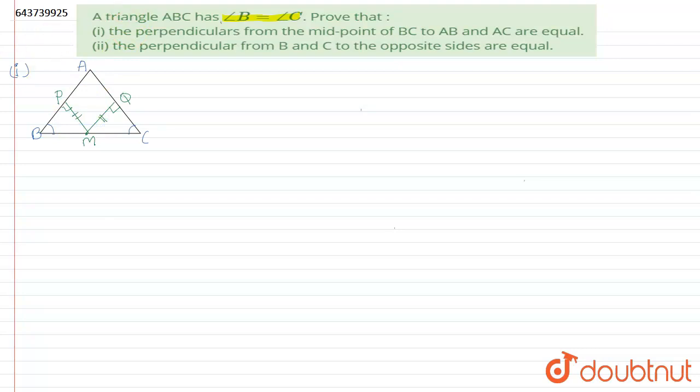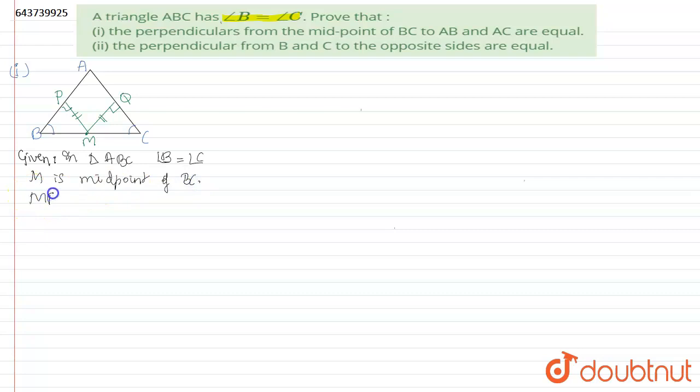So to solve this, let us write what is given here. Given, in triangle ABC, angle B is equal to angle C, and M is the midpoint of BC.